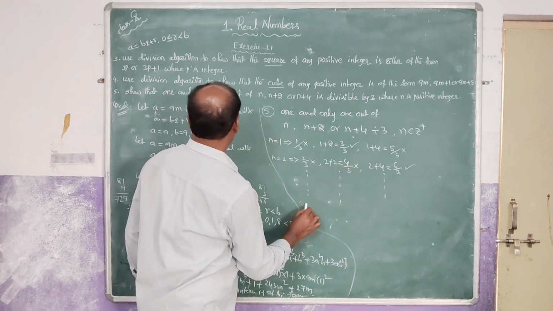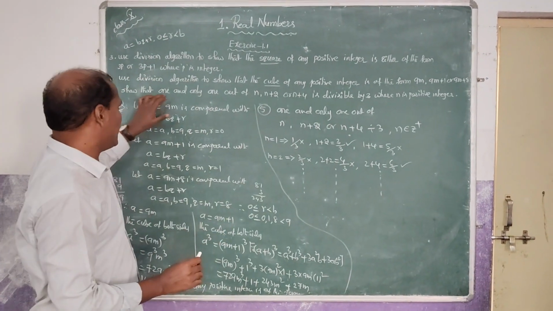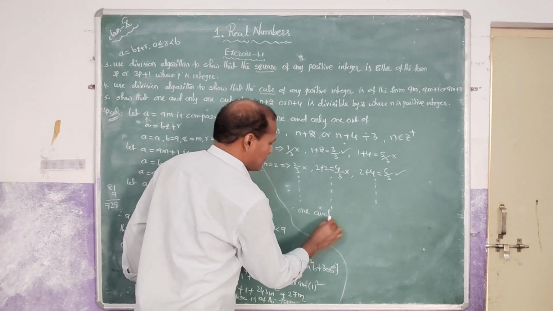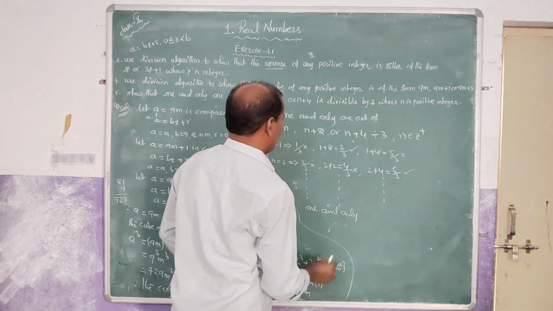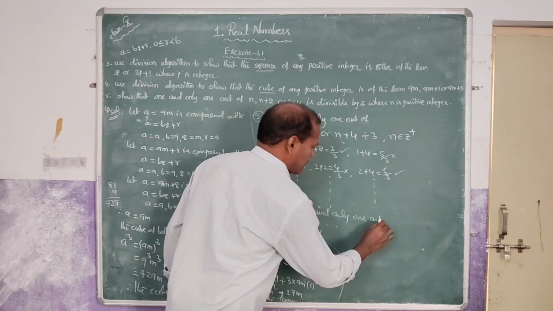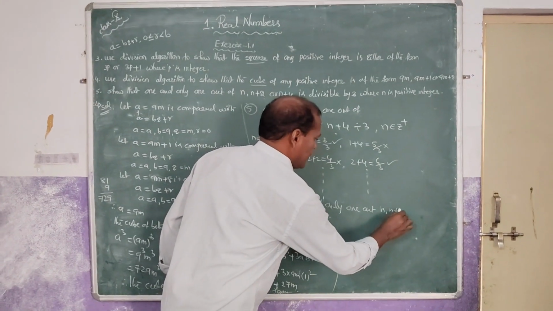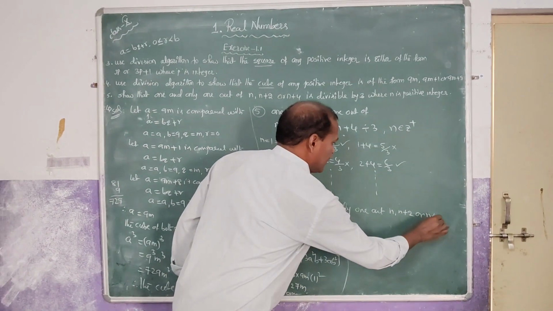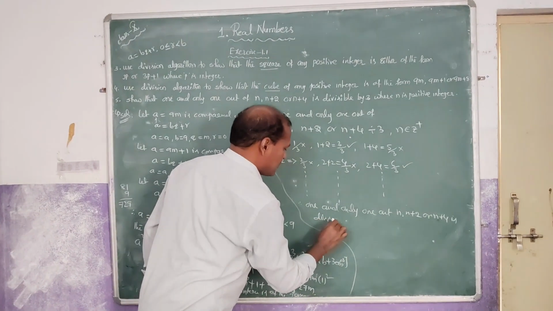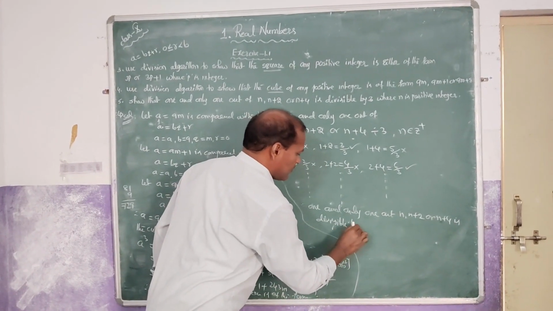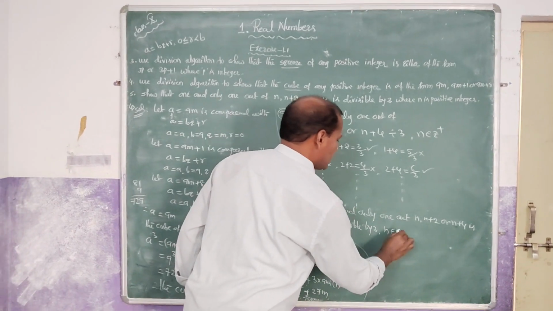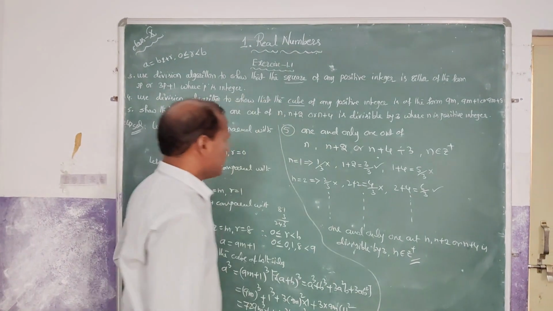Therefore, we show that one and only one out of n, n plus 2 or n plus 4 is divisible by 3, where n is a positive integer. This is the fifth problem.